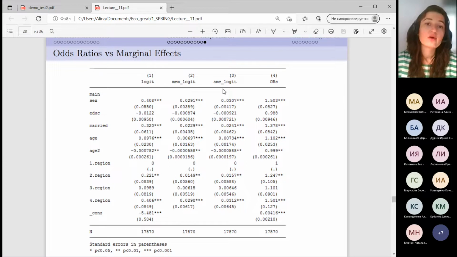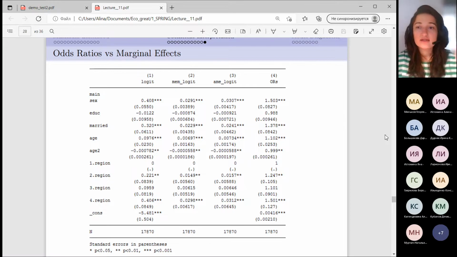In the third column, we present again marginal effects, but the average marginal effects after the logit model. And in the last column, we add the odds ratios. Okay.